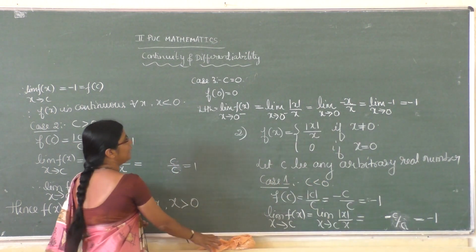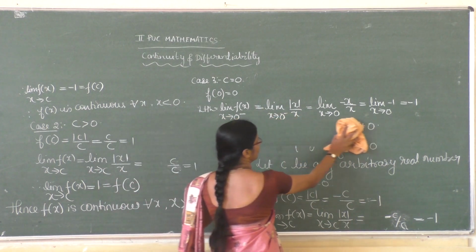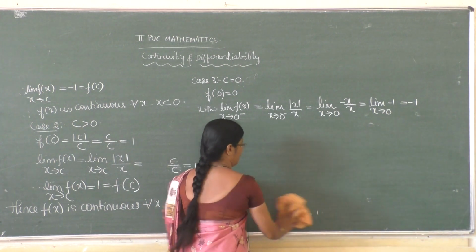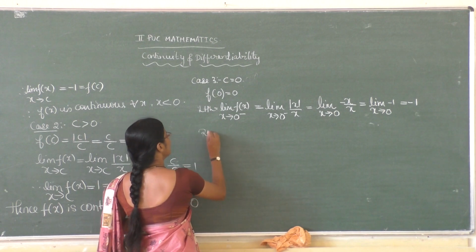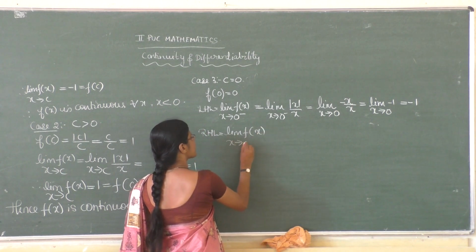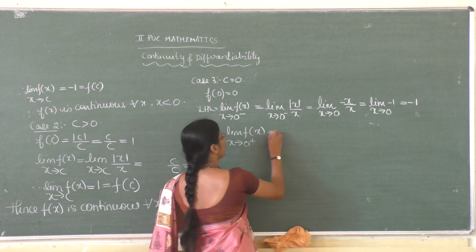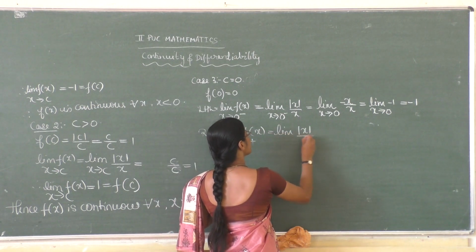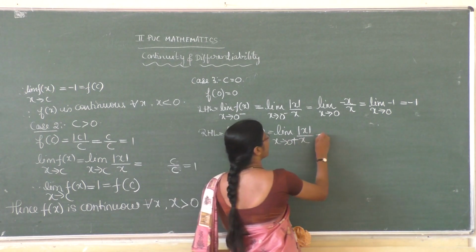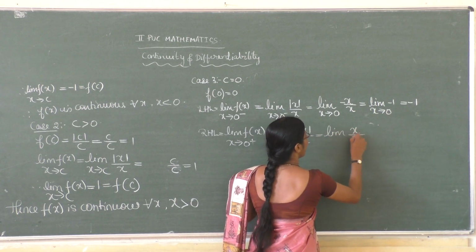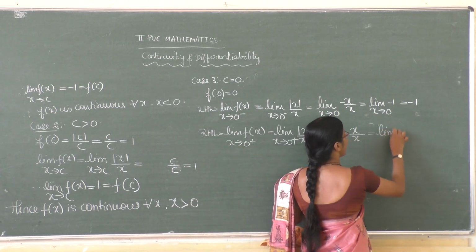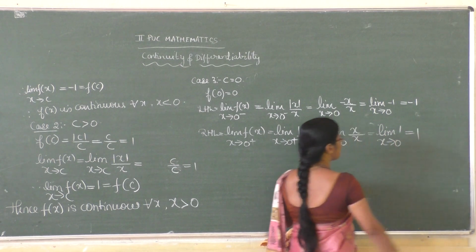Then the right hand limit equals limit of f of x as x tends to 0 plus, that is limit of mod x by x as x approaches 0 from the right side, which equals limit of x by x, which is limit of 1 as x tends to 0, that equals 1.